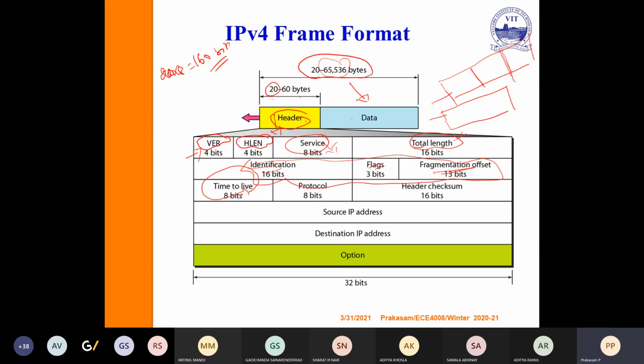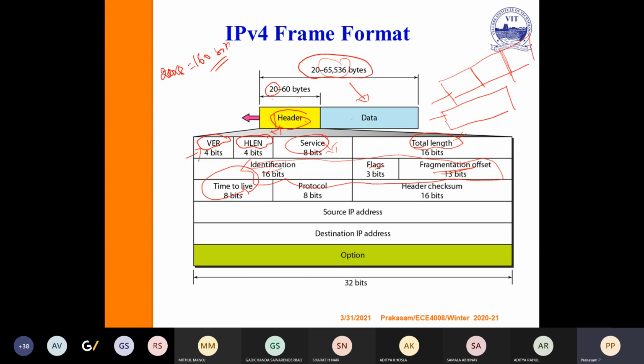The internet protocol network layer also adds some additional bits as a checksum. The checksum, parity check, we studied in the previous module.